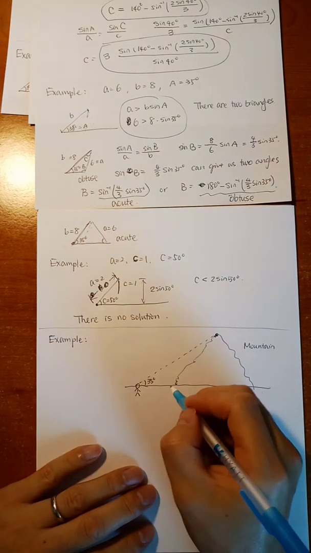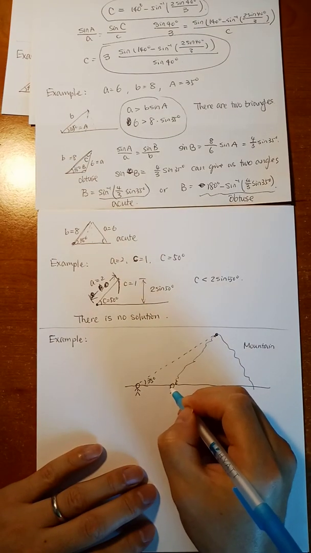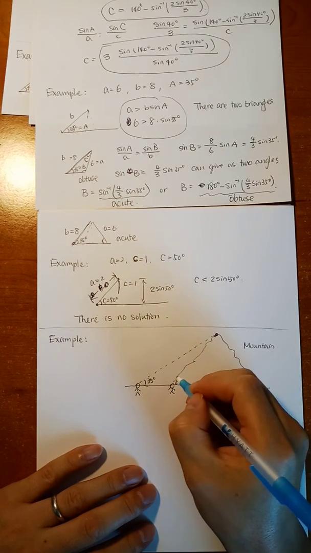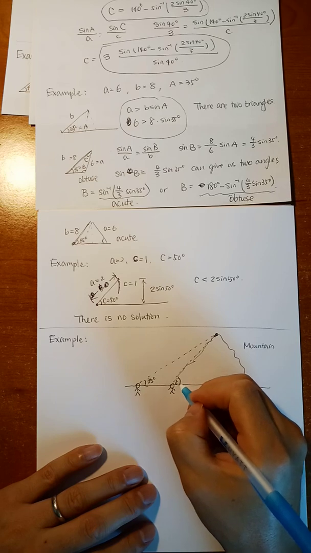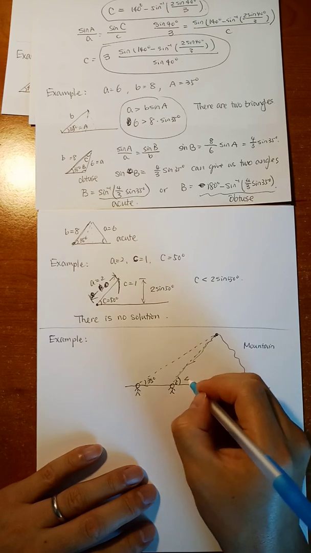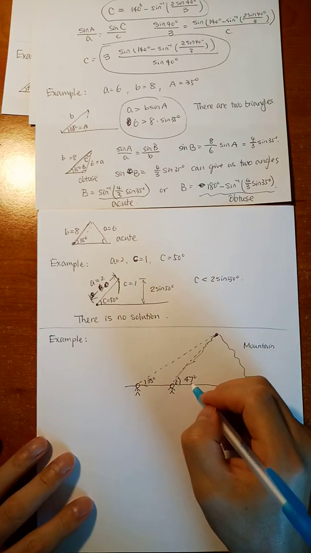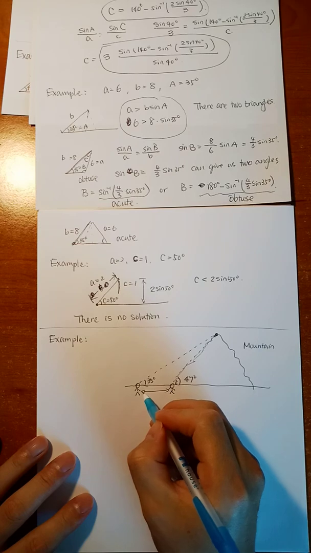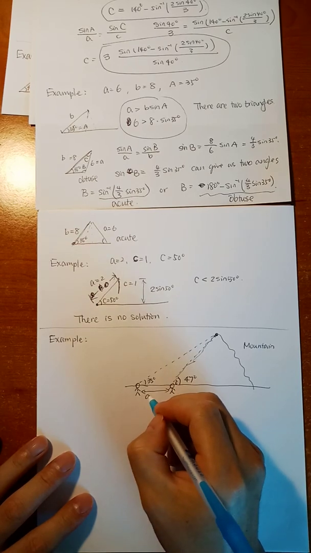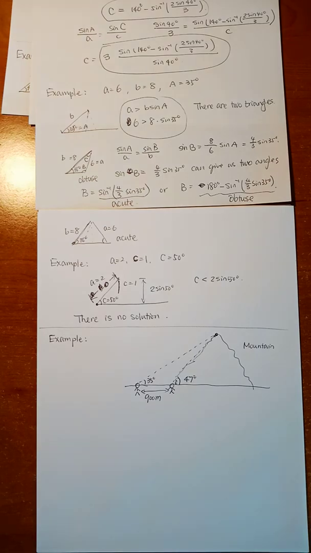And then the person moves to the second position and looks at the mountain peak again. And then there is another angle, 47 degrees. And between those two positions, the distance is 900 meters. See what we know?